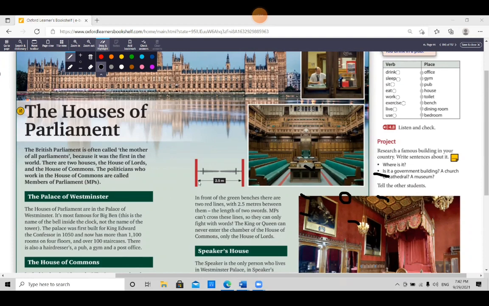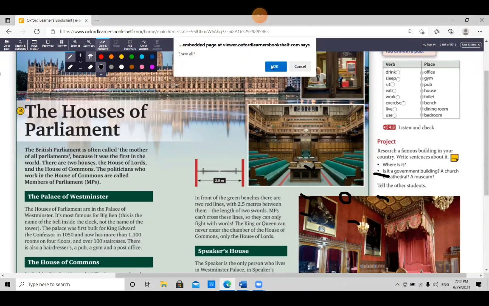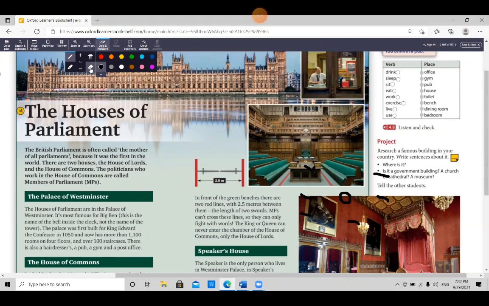I want new students, please. The Houses of Parliament. Can you see this building in the picture? We call it the Houses of Parliament. Let's start with Suha.